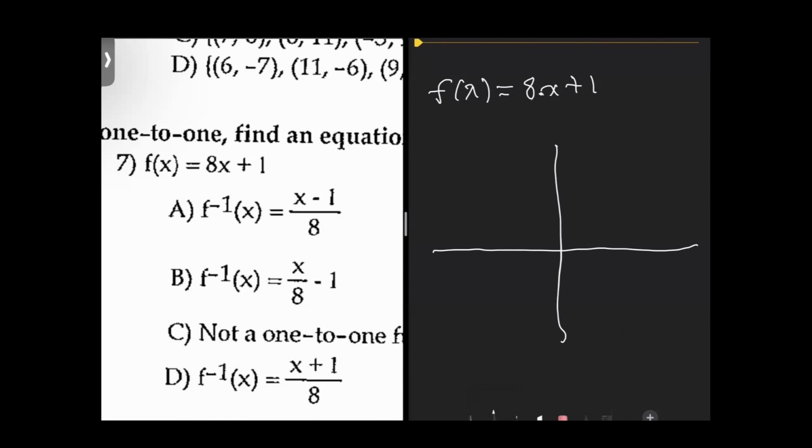inverse. So to graph this, you start at 1 and then go up 8 over 1: 1, 2, 3, 4, 5, 6, 7, 8 over 1.